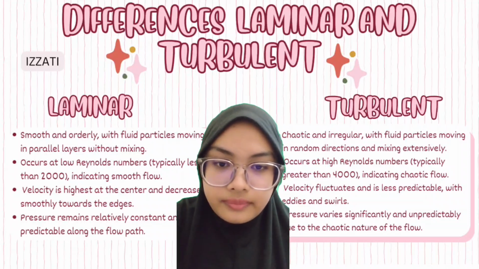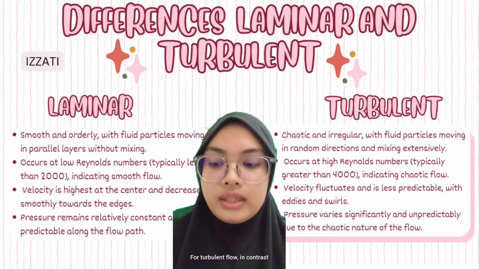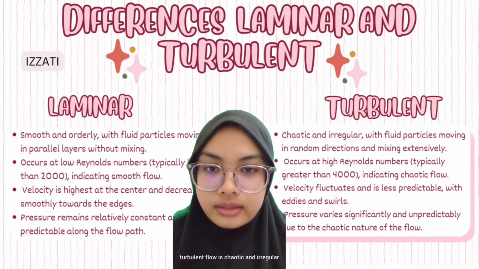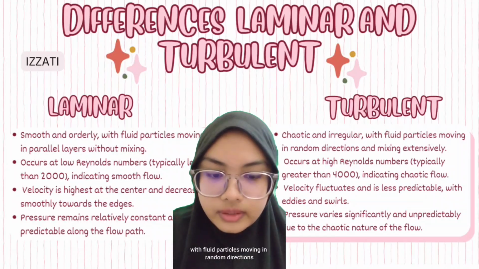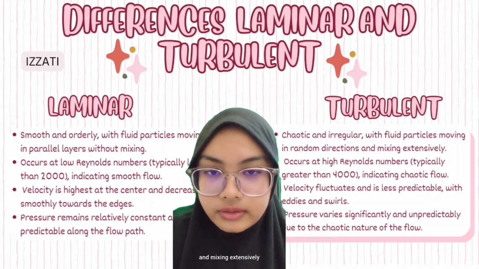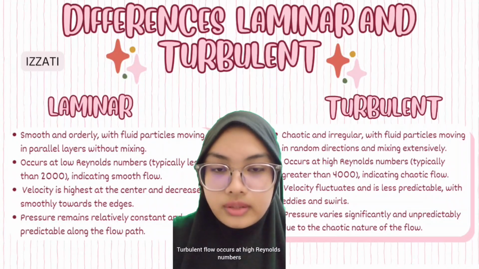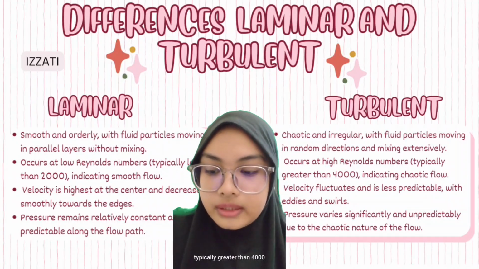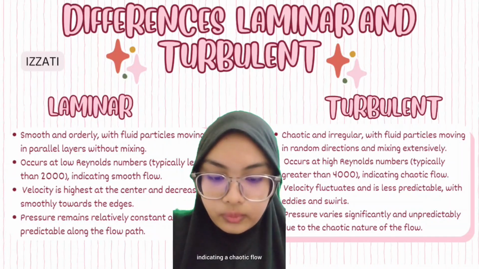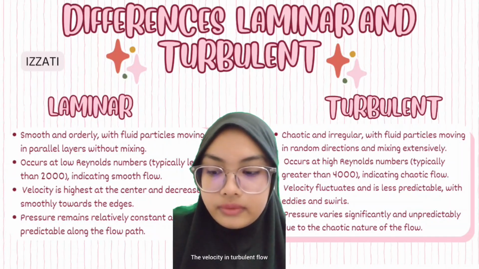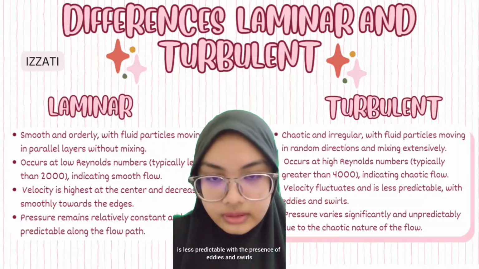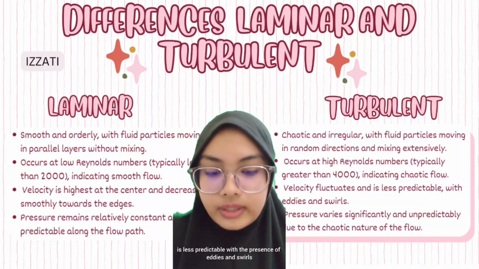Turbulent flow, in contrast, is chaotic and irregular, with fluid particles moving in random directions and mixing extensively. Turbulent flow occurs at high Reynolds numbers, typically greater than 4000, indicating a chaotic flow. The velocity in turbulent flow is less predictable, with the presence of eddies and swirls.